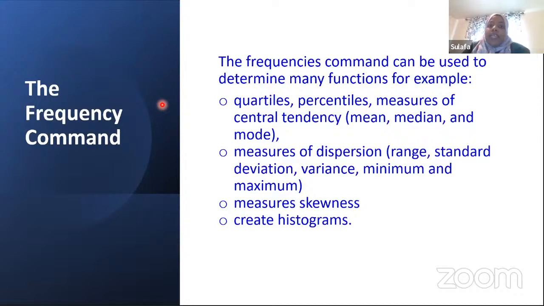For example, we can get quartiles, percentiles, and measures of central tendency, as I mentioned before, the mean, median, and mode. Also measures of dispersion: range, standard deviation, variance, minimum and maximum, and measures of skewness. Also, as I mentioned before, it creates the histogram and box plots.